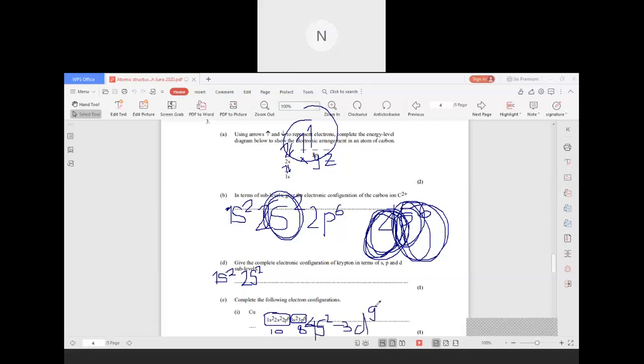This configuration is considered to be incorrect. Why? Based on the energy level, it is correct: after 3p, 4s, then 3d. But based on the stability of the electron, it is incorrect. Now, please see here, 3p6, 4s2, 3d9.